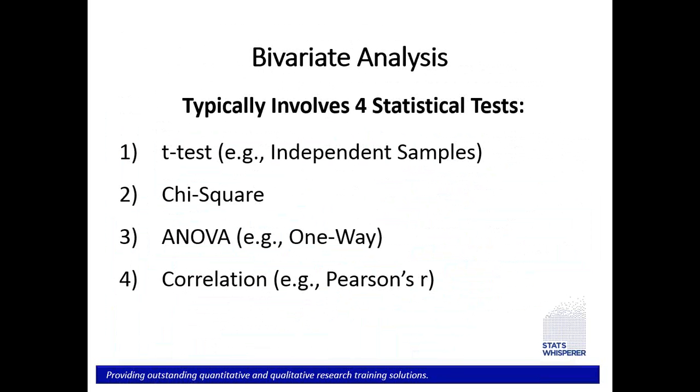As we said, typically bivariate analysis will involve 4 tests: 1, the t-test, 2, the chi-square, 3, the ANOVA, and 4, the correlation. Since we have a different structure of dependent variable, we're going to use different bivariate tests relative to sample study 1.